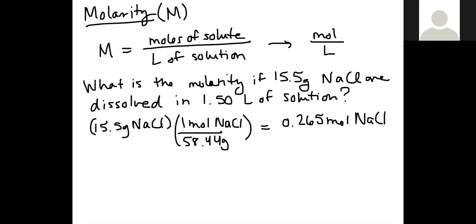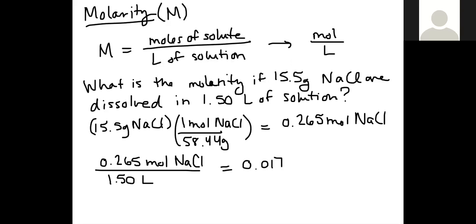Now I take 0.265 moles of NaCl over the 1.50 liters of solution, which gives me 0.0177 moles per liter, or molarity.